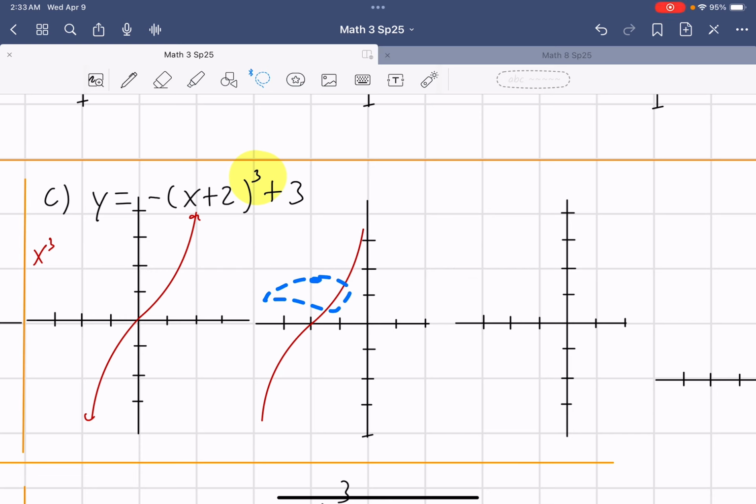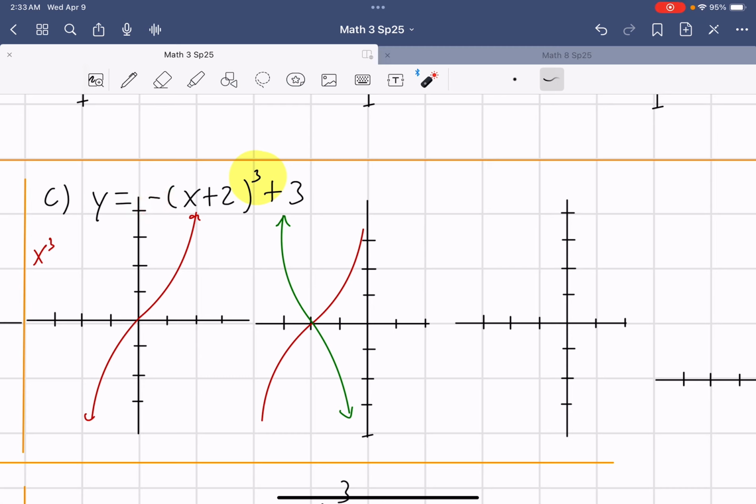So that made your graph. The 2 shifted it to the right. That negative is going to reflect it. So it's going to look like this. And that's for that negative outside.